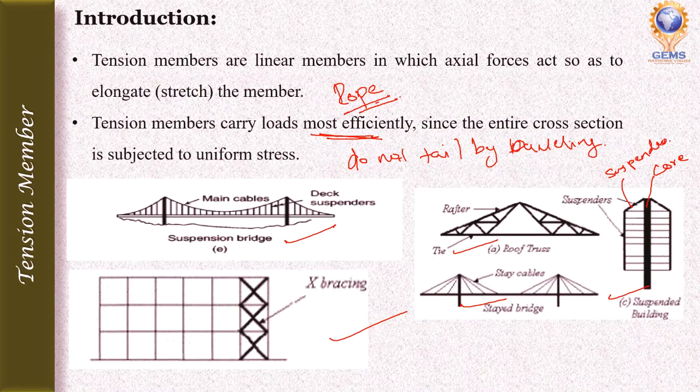These suspenders hang from the central core. We will use these suspended buildings especially in earthquake prone zones, because the suspenders will minimize the inertia forces on the structures.